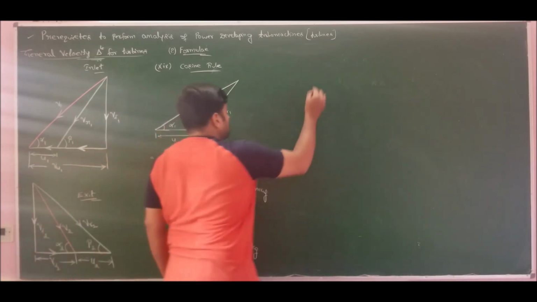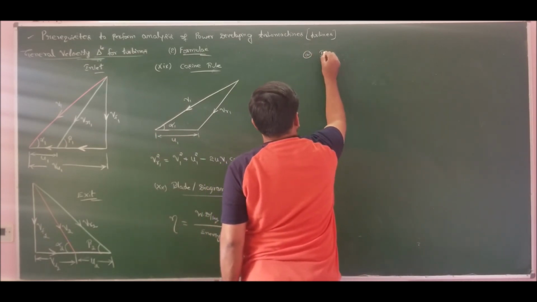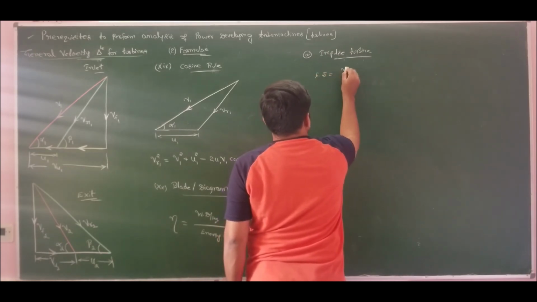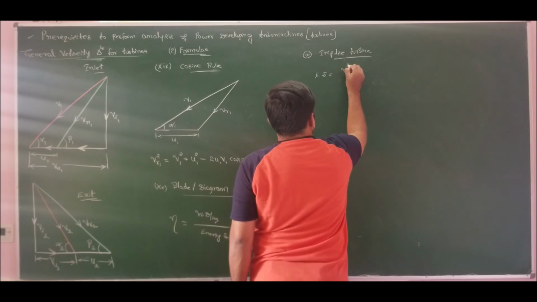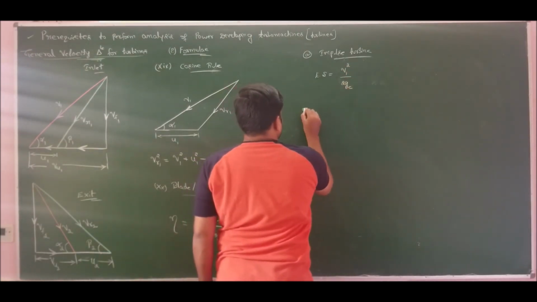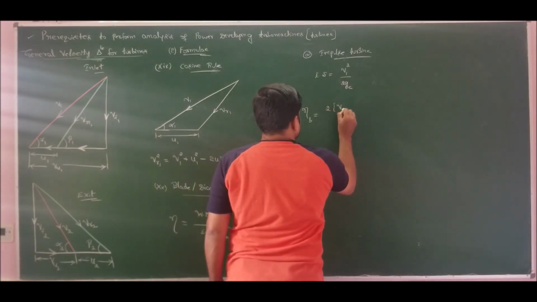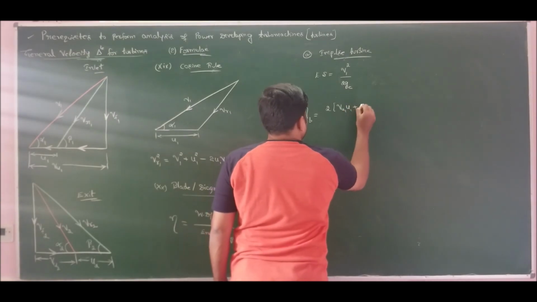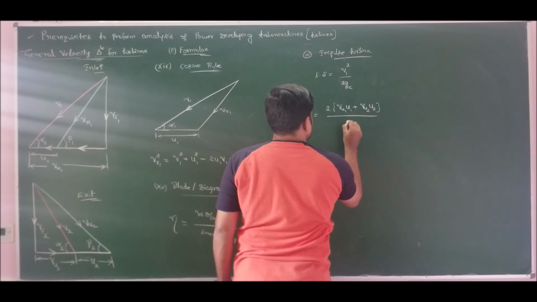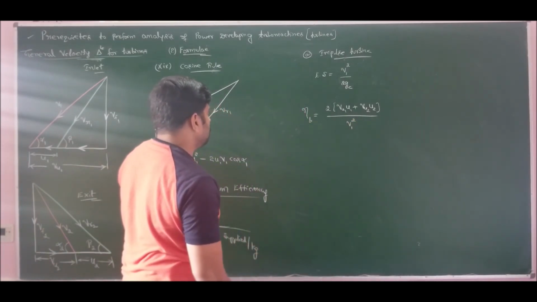So if I write it for impulse turbine, energy supplied is just in the stator, that is V1 square by 2gc. So the efficiency will become 2 times (Vu1 U1 plus Vu2 U2) by V1 square, cancelling gc in both numerator and denominator.